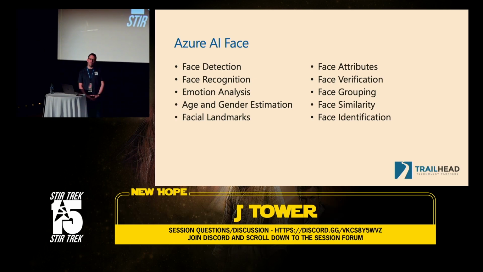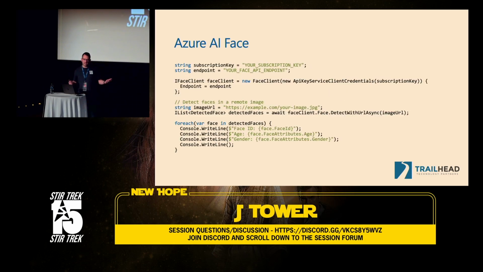It can do some of the face landmark measurements that you might want to do if you're doing more deep analysis, like accurate security information with faces. It can tell you things like how similar two faces are. So quite a bit of stuff that it can do with faces. Just like the other APIs we've looked at so far, it's really easy to use.